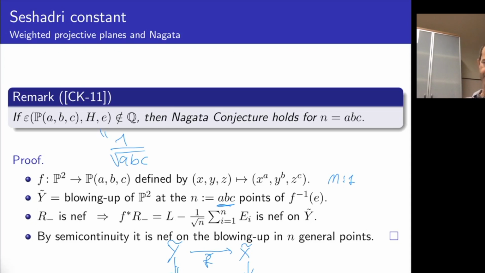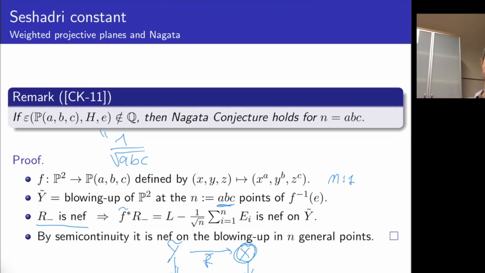Again, we are considering points which are in a special position on P2. But our hypothesis is that the Seshadri constant is the biggest possible, which means that the ray R minus is F. Here, R minus is here.